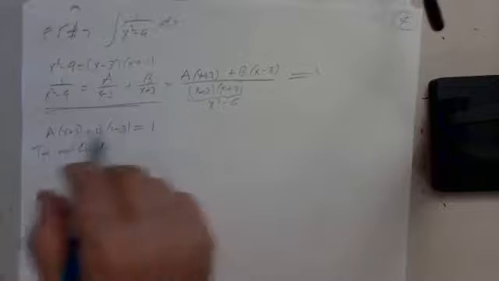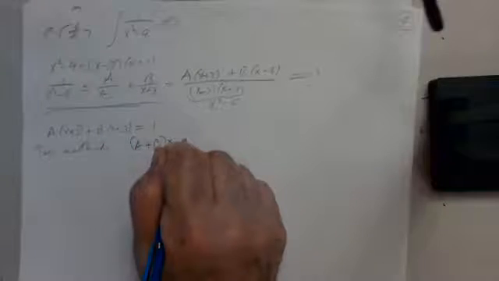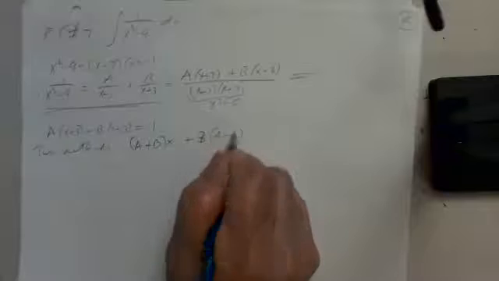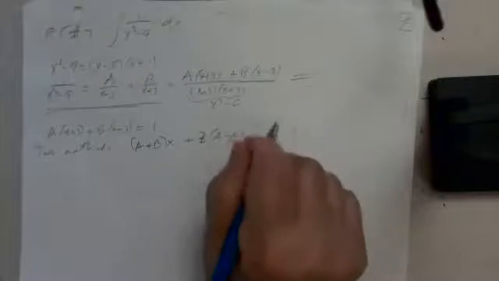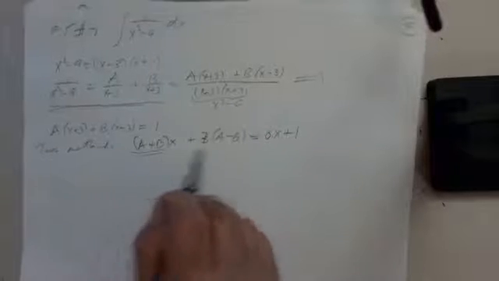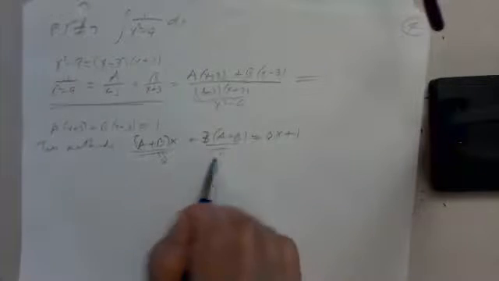So there are two methods I'll show you to do that. One is we just write this as a plus b times x plus 3 times a minus b. That's the right-hand side, ax plus bx, 3a minus 3b. That equals 1. Or as a linear polynomial, this is really 0 times x plus 1. So the coefficient of x has to be 0, and the constant term has to be 1.